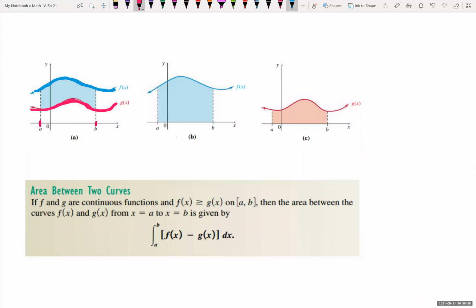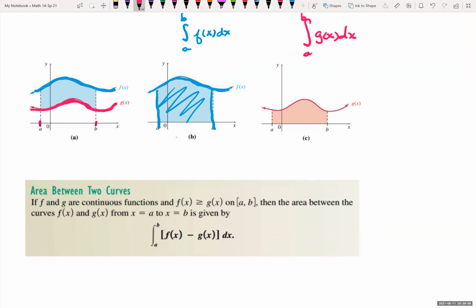So if we look at the integral from a to b of our function f of x dx, and because this is strictly above the x-axis, we don't have to worry about anything, that would give us this area, by the fundamental theorem of calculus, between a and b. And if we looked at the integral from a to b of g of x dx, that would give us this area below g of x and the x-axis.